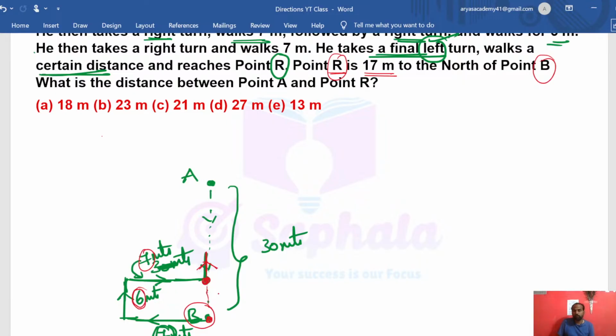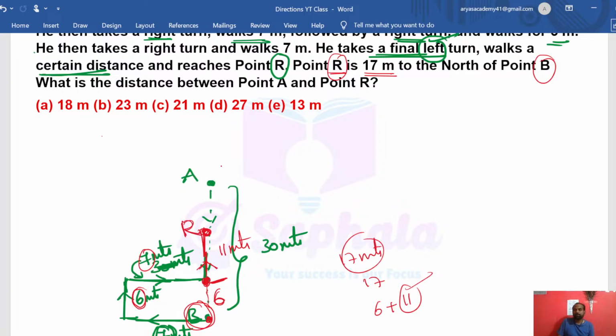If this portion is 6 and total he has to go for 17 meters from point B, so already we are having 6, up to this point it is 6. Then I have to add to become 17. Already 6 is there. I have to add how much to become 17? 11 meters. So from this point he will travel for 11 meters and then he will reach a point which is actually known as R.